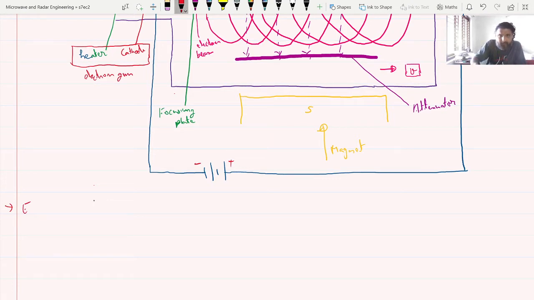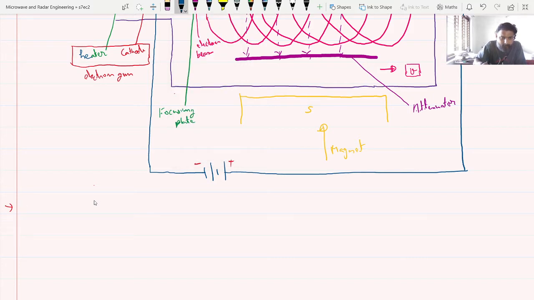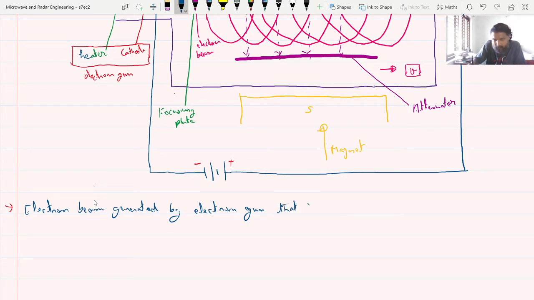Electron beam is generated by the electron gun that consists of heater and cathode.